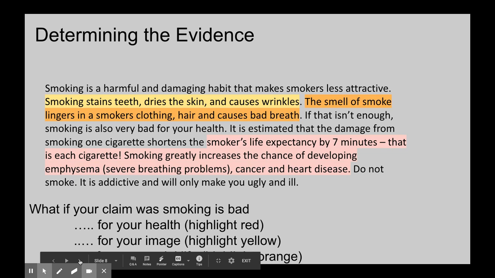Well, although we don't want wrinkles, it's not necessarily a negative thing for our health, but an increase of emphysema would be something that is poor for our health. And an expectancy of 7 minutes shorter, that would again be something that is negative towards our health. So we want to make sure again that we're providing evidence that supports the specific claim.